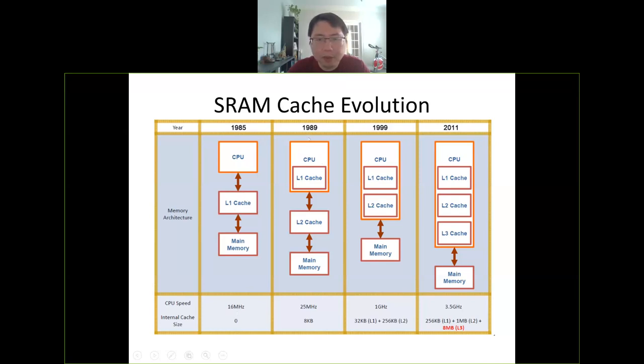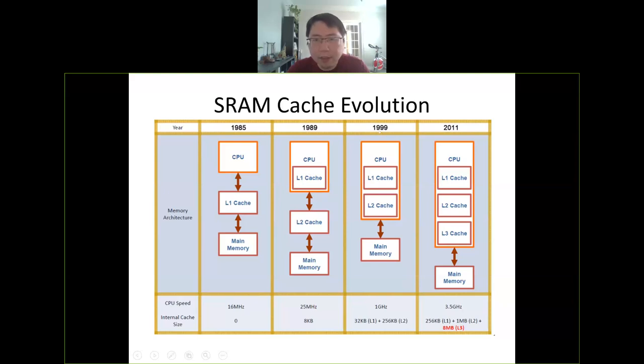Later, the trend is to have more levels of cache. For example, in 1989, we have a two-level cache, and the first level cache is merged into the processor's chip. But still, the level 2 cache is off-chip. In this case, the clock frequency is 25 megahertz, and the L1 cache becomes 8 kilobytes.